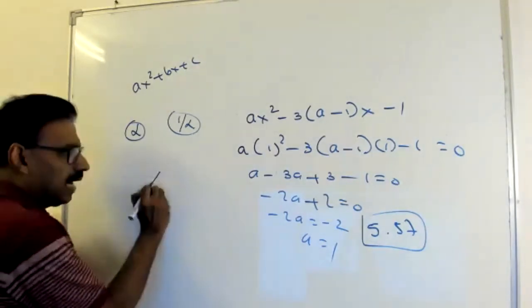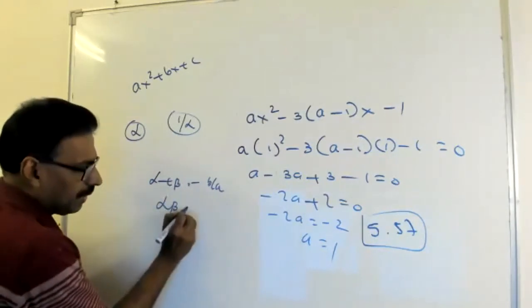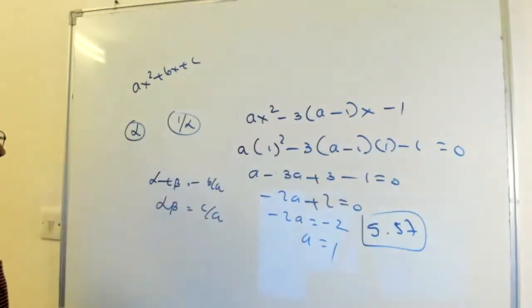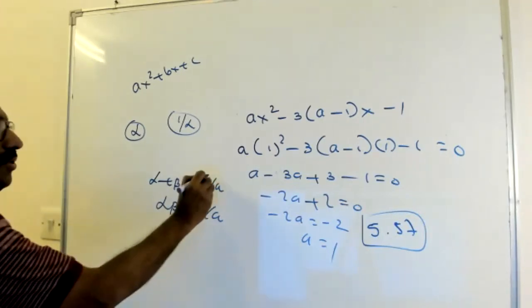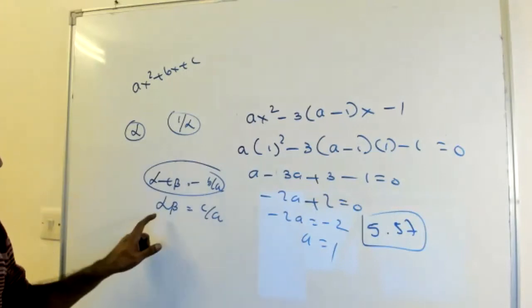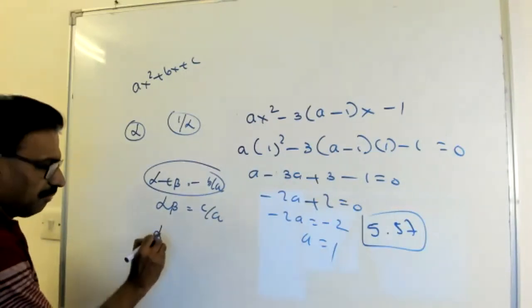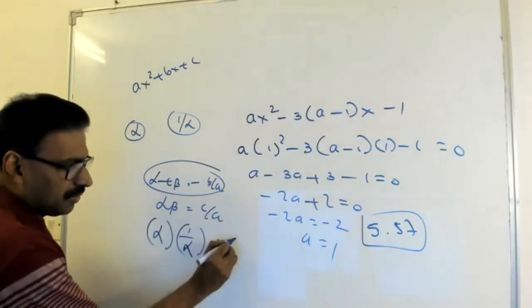Then you have two conditions. One is alpha plus beta equals minus b by a, the other alpha beta equals c by a. You can use either this or this one, but if you use the first here, you won't get the condition. So you go to this one: alpha times beta, that is 1 by alpha, equals c by a.